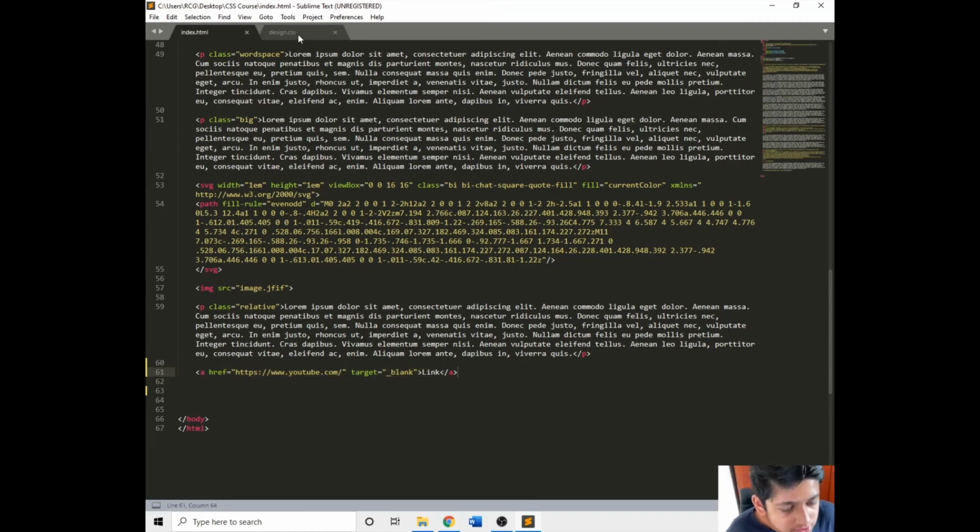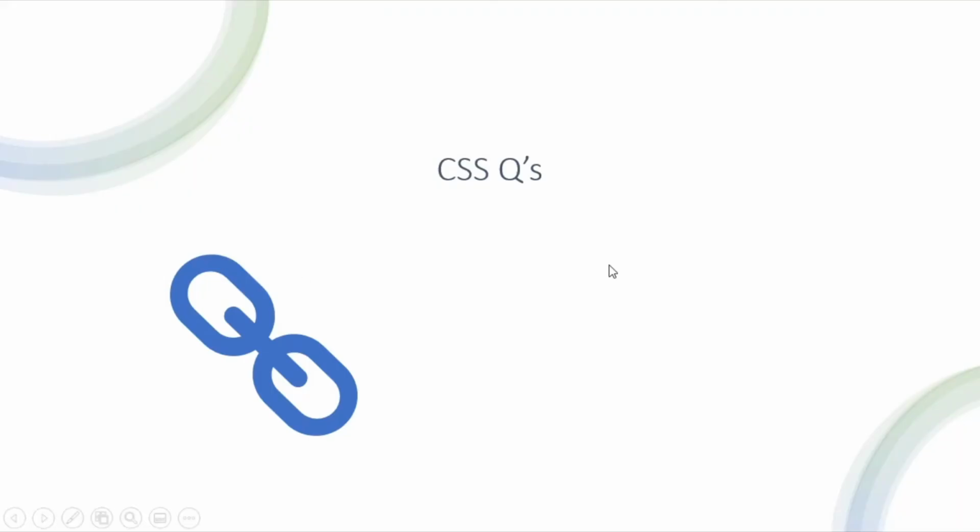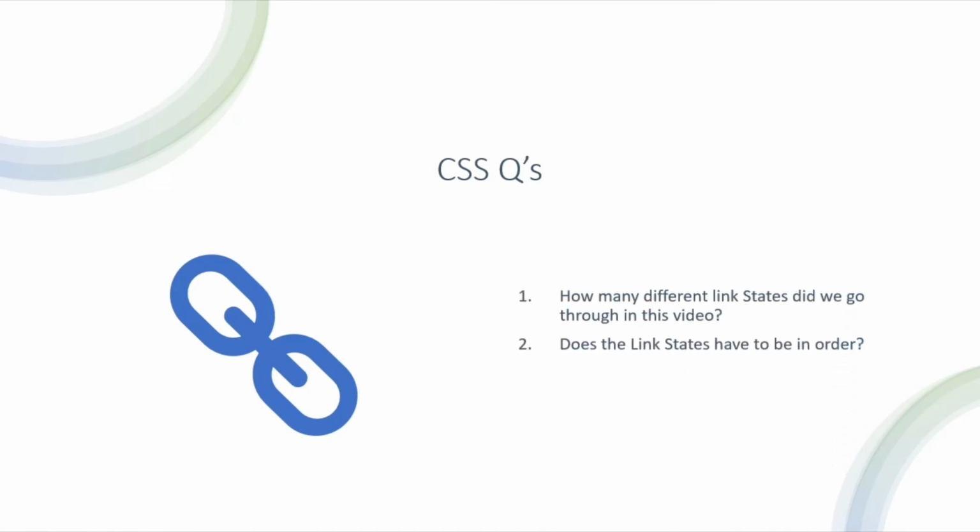So let's go on to the CSS questions. So here are the CSS questions right here. So for number 1, how many different link states did we go through in this video? Number 2, do the link states have to be in order? And number 3, if you think the link states are in order, what is the order?